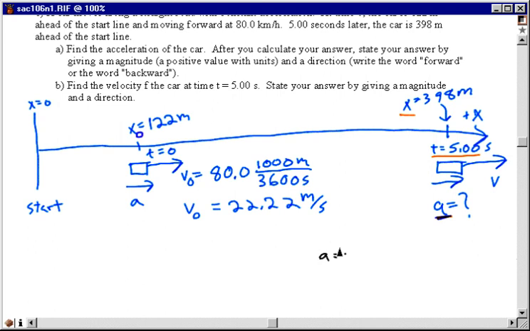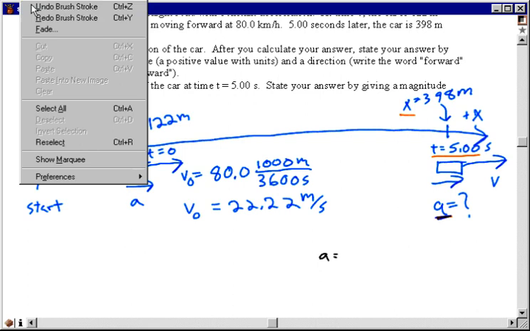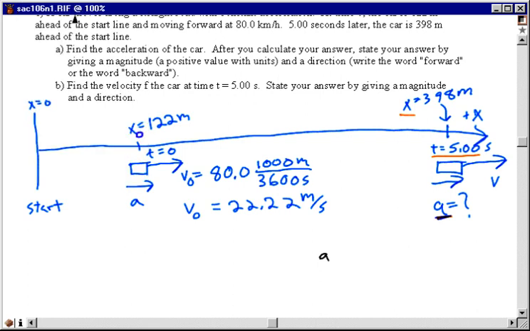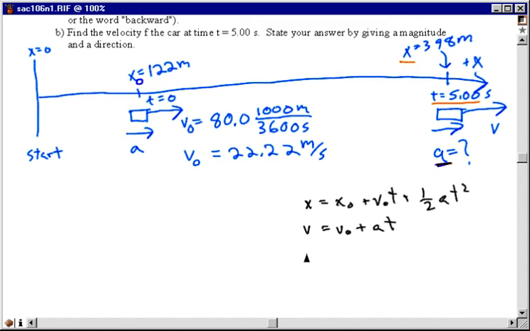I want to start the one with x. So write the one that starts with an x. x is equal to x0 plus v0t plus 1/2 at squared. v is equal to v0 plus at. v squared is equal to v0 squared plus 2a delta x, which is x minus x0.